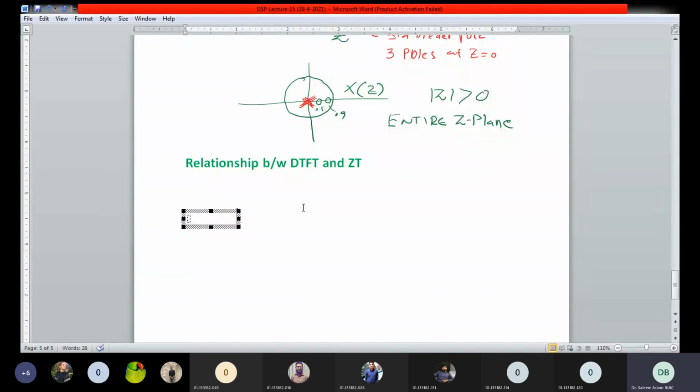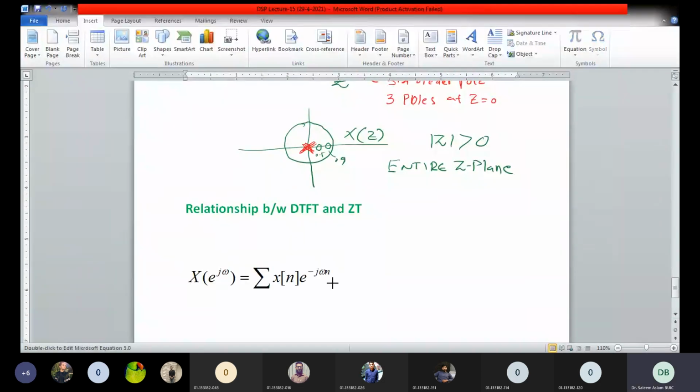We have X of e to the j omega equal to the summation of x of n and e to the power minus j omega n.